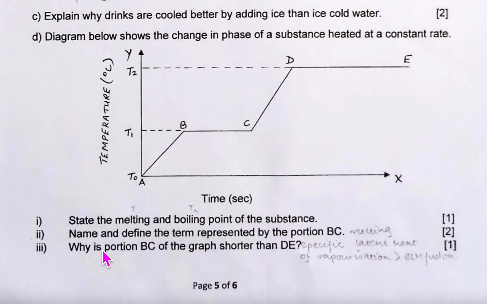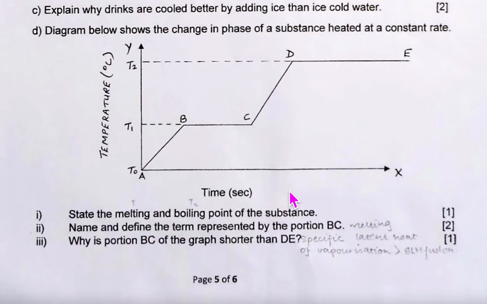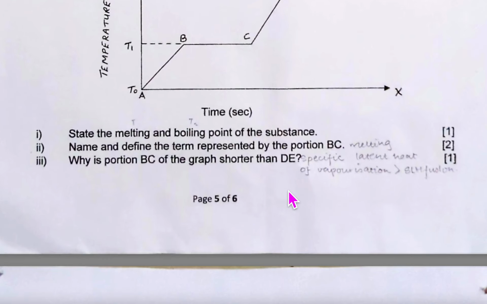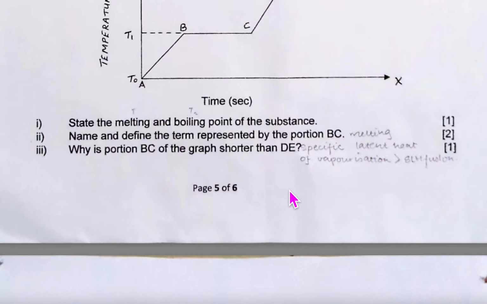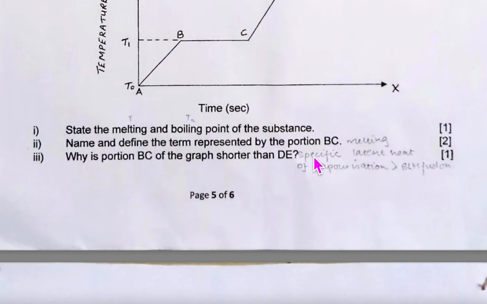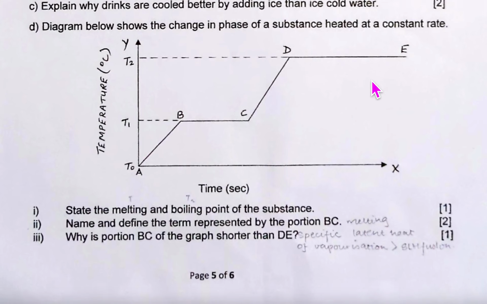Understanding why is the portion BC shorter than DE? BC is loosening the bonds and this one is breaking off the bonds. So the heat required for BC is much lesser than the heat required to break off the bonds. Okay, now here the teacher has expected to write specific latent heat of vaporization.